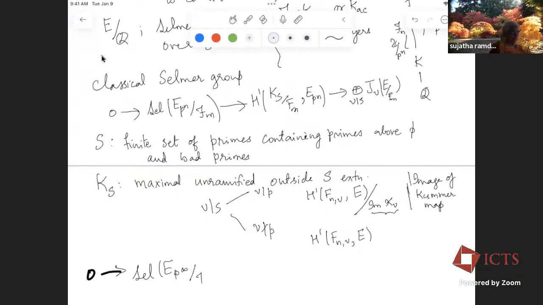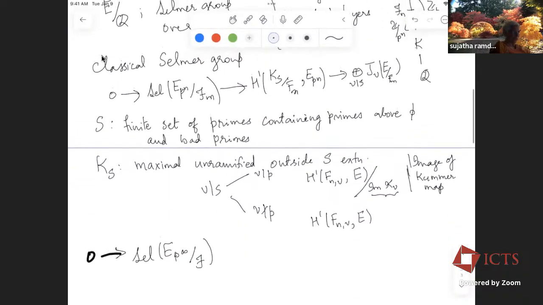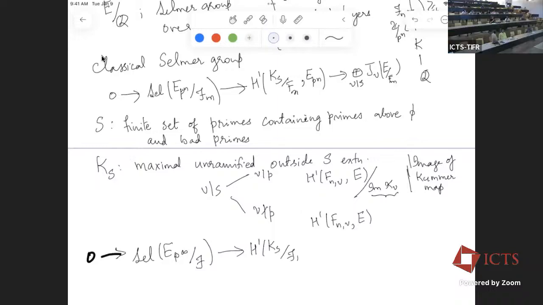So you have this extension, then you go all the way up to the anticyclotomic or the cyclotomic extension. Then you have a corresponding sequence H1 Ks over F. A question: in the local cohomology group, is it E or E[p^n], the p^n torsion? No, in fact, it will be E, the p^n will come outside because I'm defining the Selmer group.